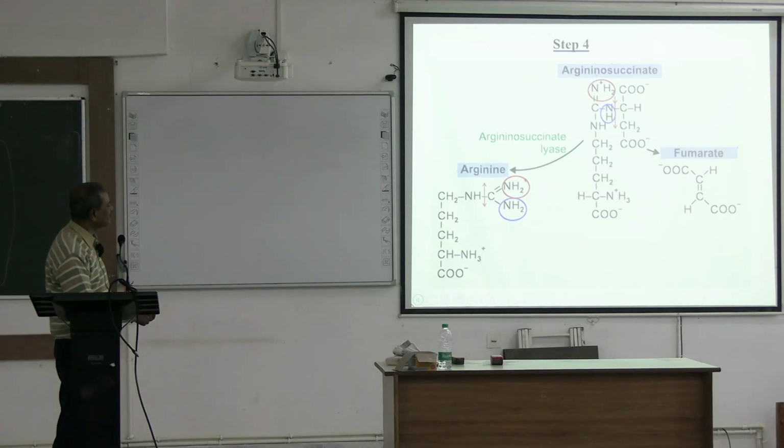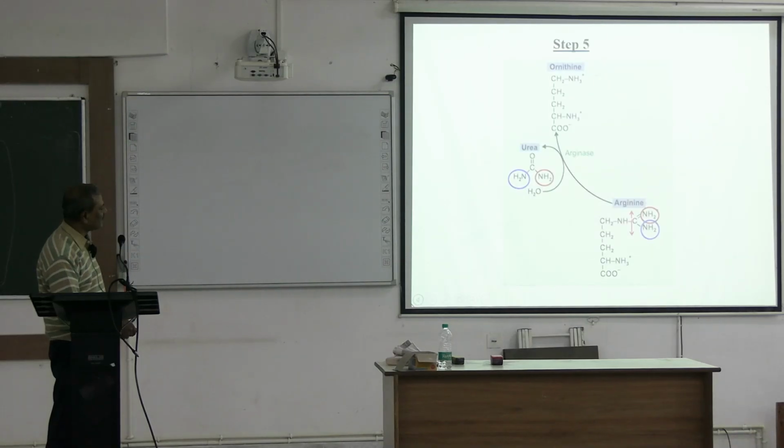So, argininosuccinate has these two amino nitrogen groups, and is broken down by argininosuccinate lyase into arginine. Okay. Now, this is the bond which needs to be cleaved. This was the bond which was cleaved to form fumarate, and now the bond needs to be cleaved here. The next step.